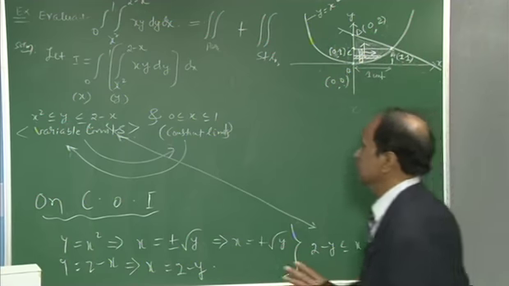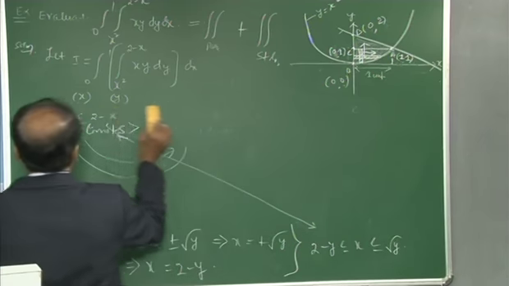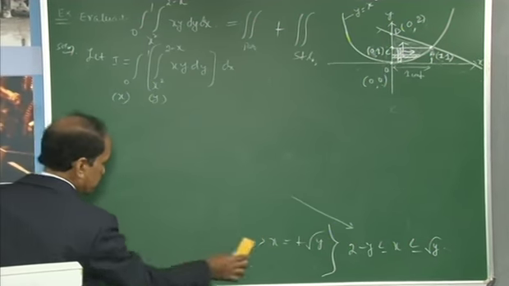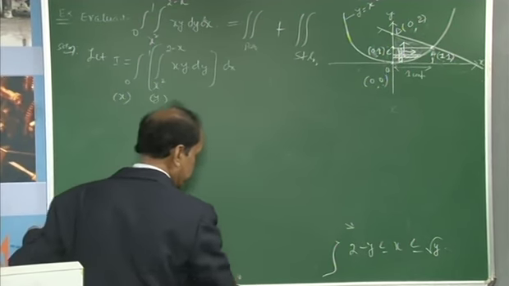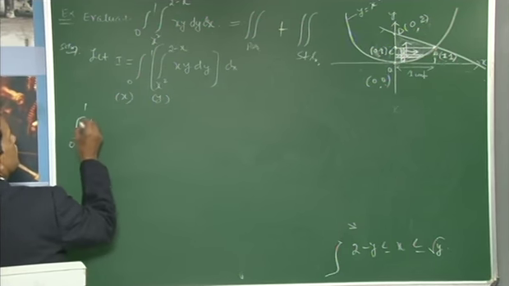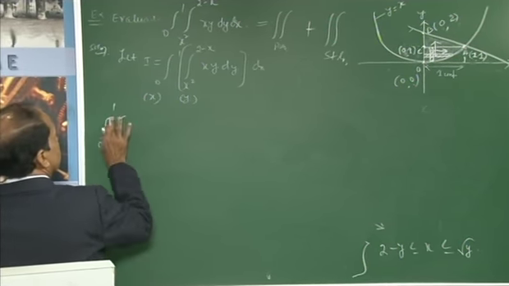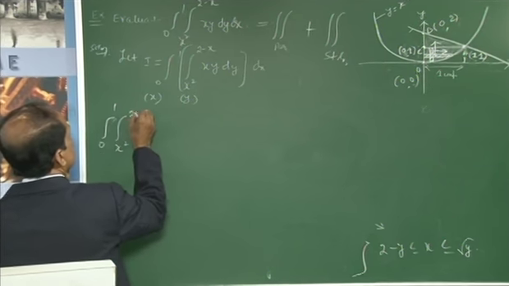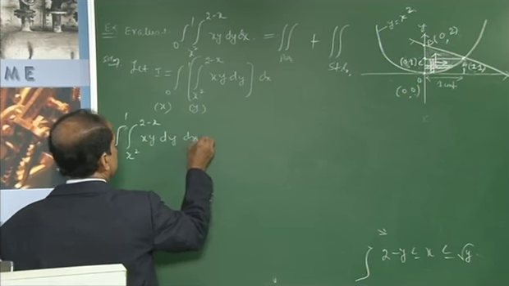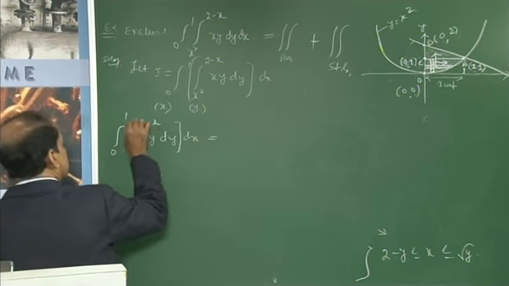Now, let me write the new limits which we have to assign after changing the order of integration. What is the order of integration change with new limits? That goes 0 to 1, x square to 2 minus x, xy, dy, dx, like this.